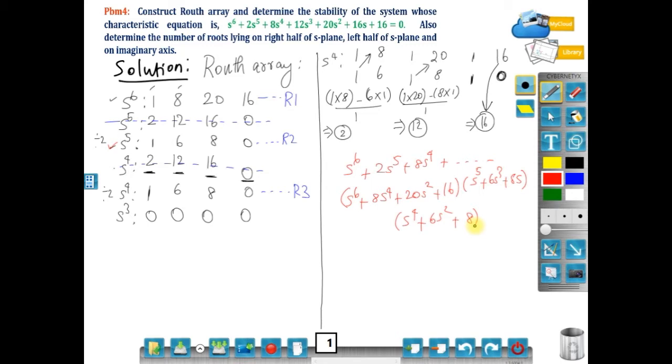Each of these is called an auxiliary equation. This is auxiliary equation 1, this is auxiliary equation 2, this is auxiliary equation 3. This is the technique derived by the scientist Routh.